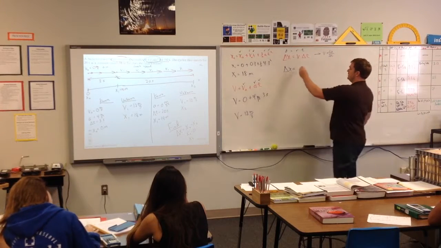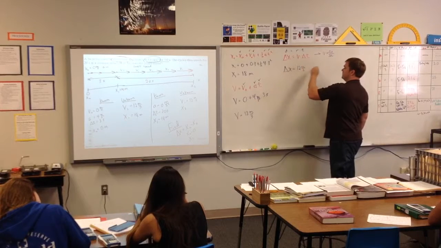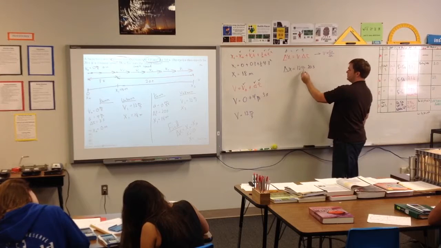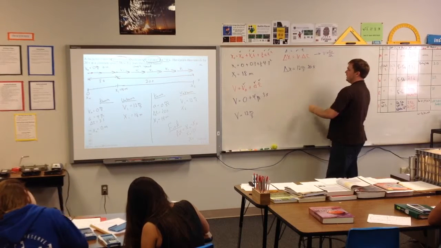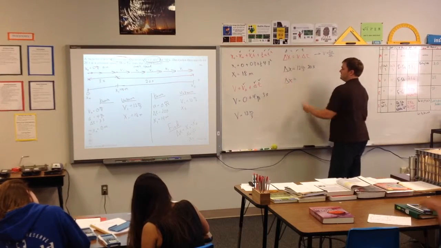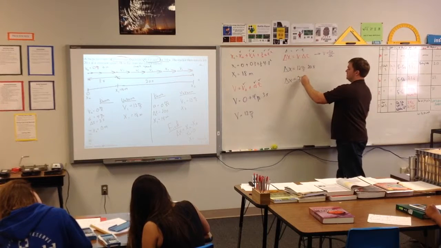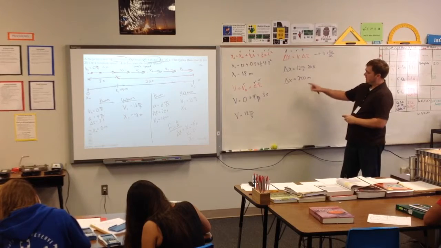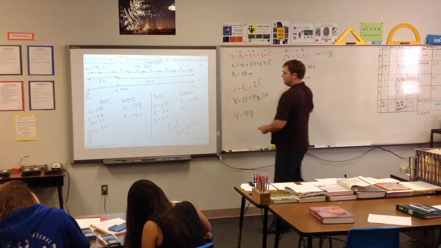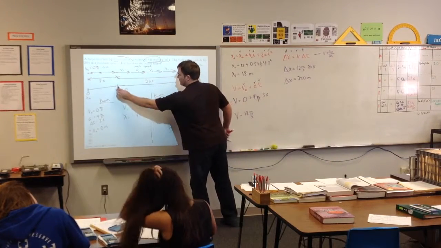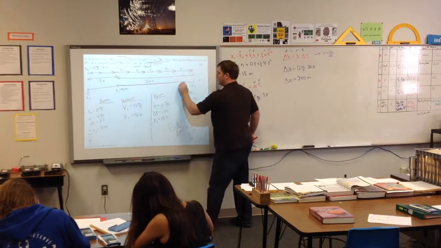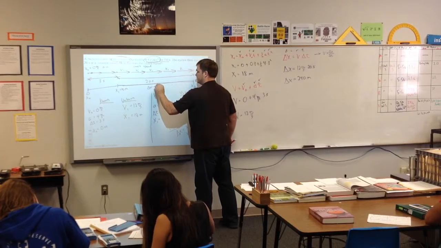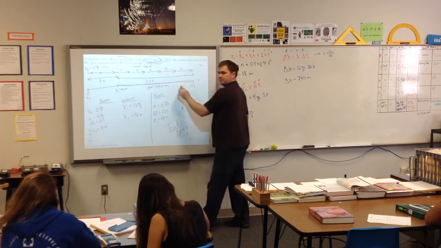So our velocity, 12 meters per second. Our time, 20 seconds. Now look at this, watch these units. Cancel. Delta x is 240 meters. It's important to note that from this point all the way to here, this delta x is 240 meters.